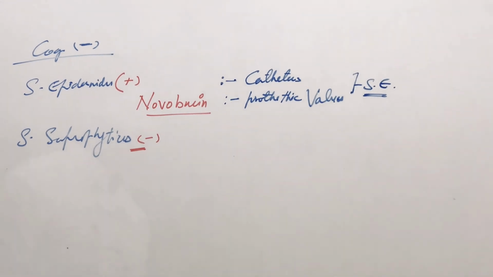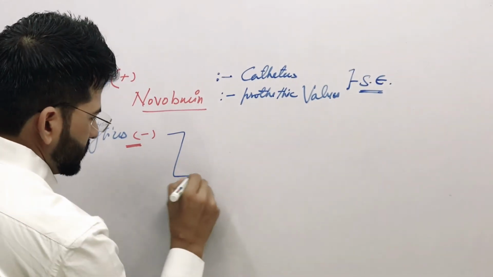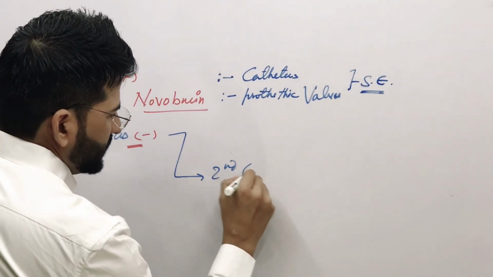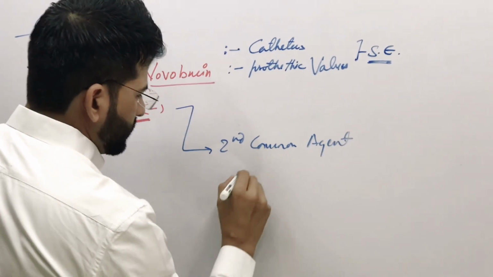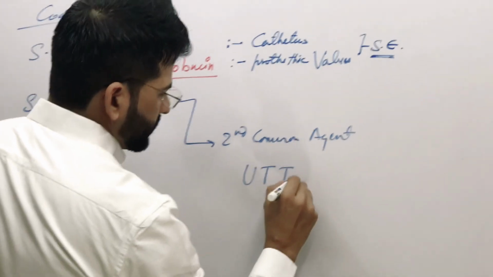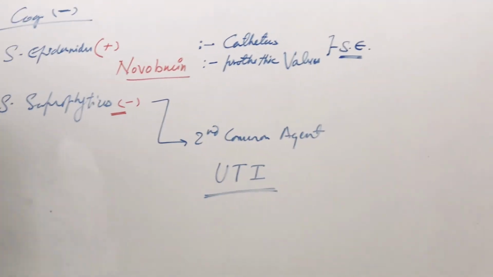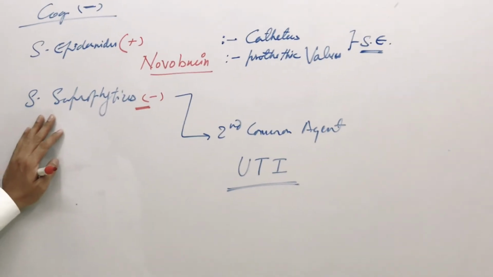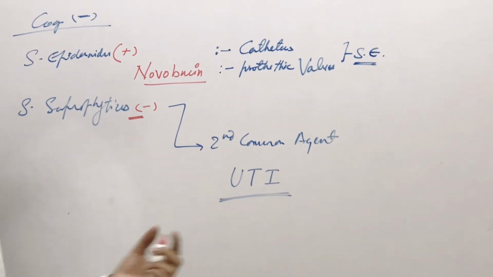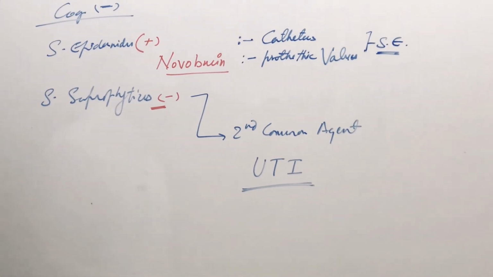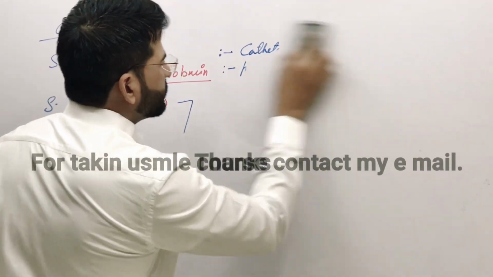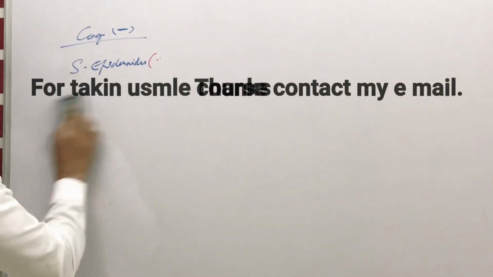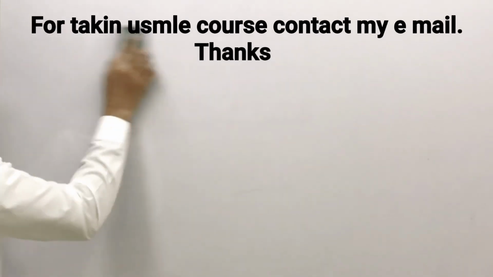What is the saprophyticus doing? After E. coli, saprophyticus is the second most common agent to infect the urinary tract. This brings to the end of the Staphylococcus.